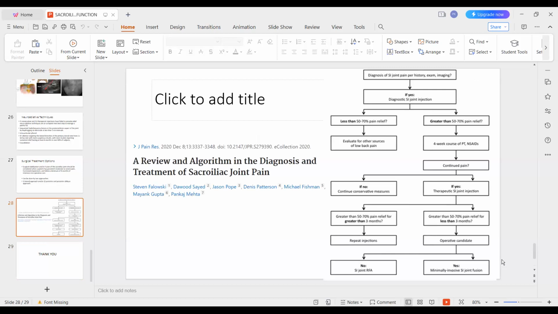Everything is an indication. We start the patient on naproxen, which is supposedly the most effective NSAID as far as sacroiliac arthritis is seen. Minimum we go for 6 weeks. If at the end of 6 weeks they don't respond, then along with the physio exercises, we go for the injection.